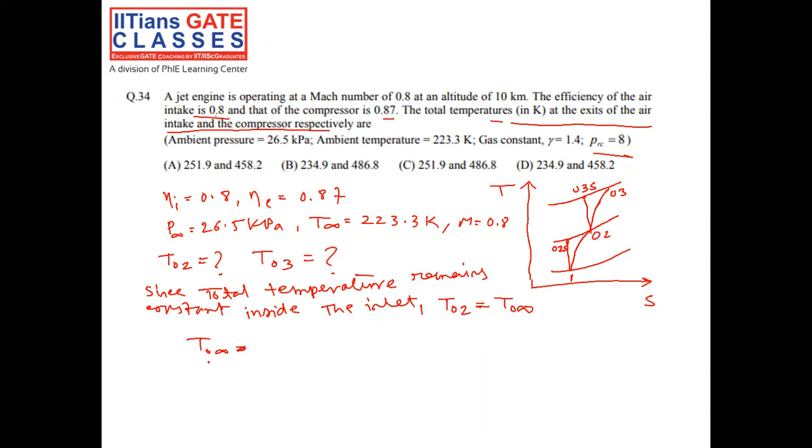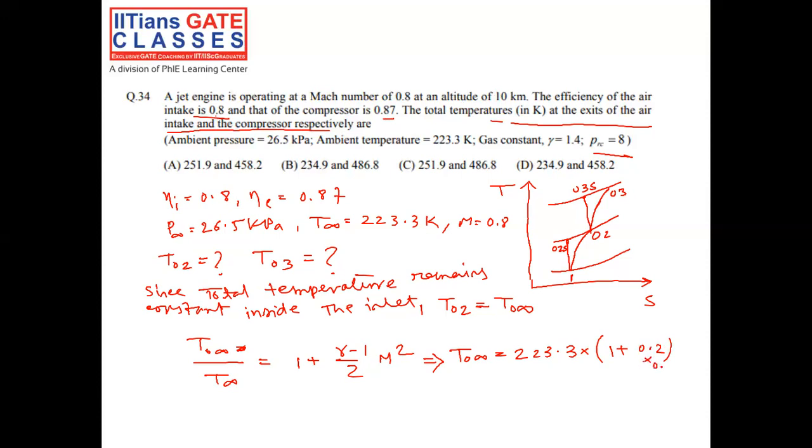And we know that the ratio of total temperature and static temperature is given as 1 plus gamma minus 1 by 2 M square. Now T infinity, M, gamma, all these values are given. So if we just substitute these values, we'll get TO infinity. So gamma is 1.4, gamma minus 1 will be 0.4, divided by 2 is 0.2, multiplied by M square.